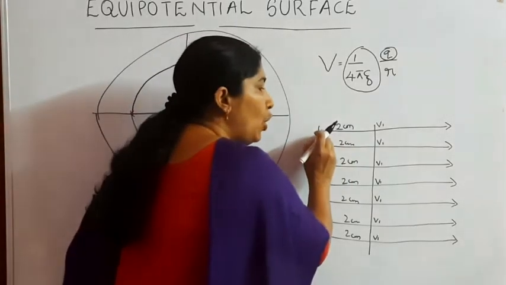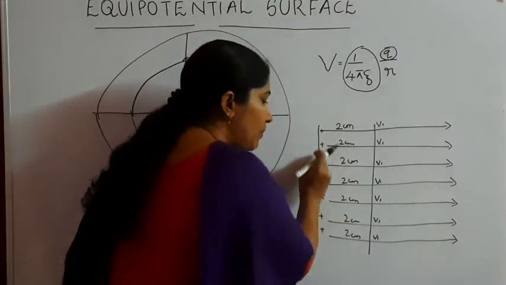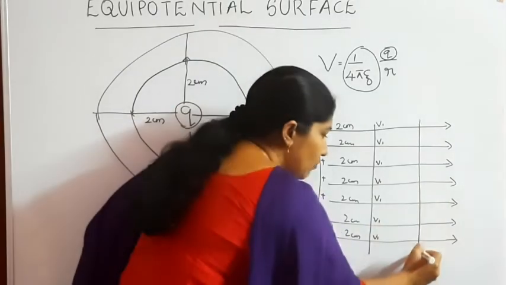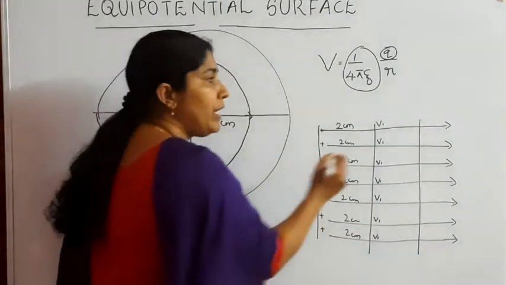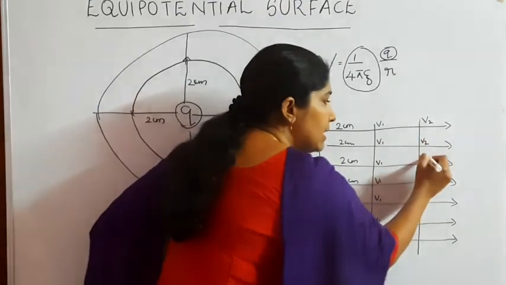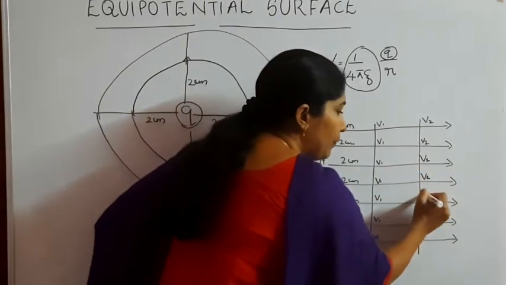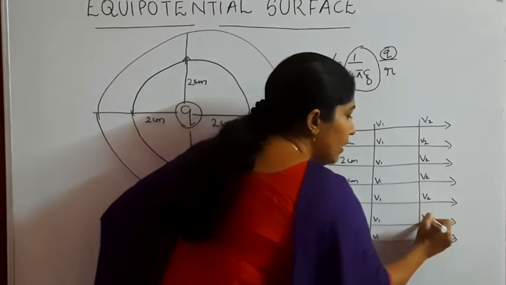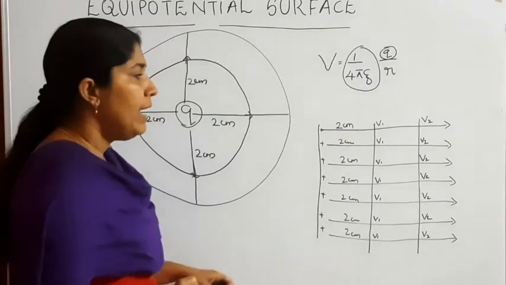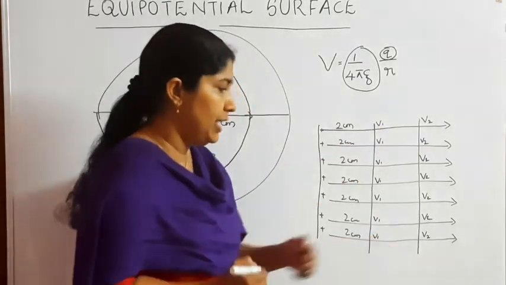If we draw another equipotential surface that is 3 centimeter away from this linear conductor, we can draw another equipotential surface. Its potential is taken as V2. This is another equipotential surface, and it's also a plane sheet.